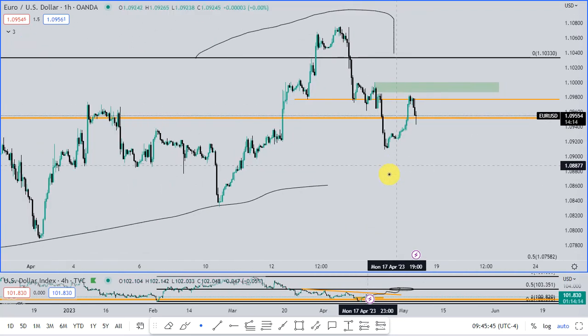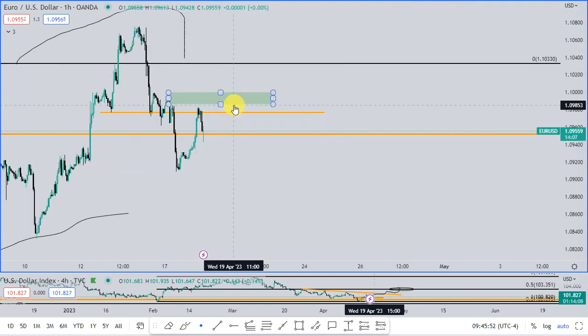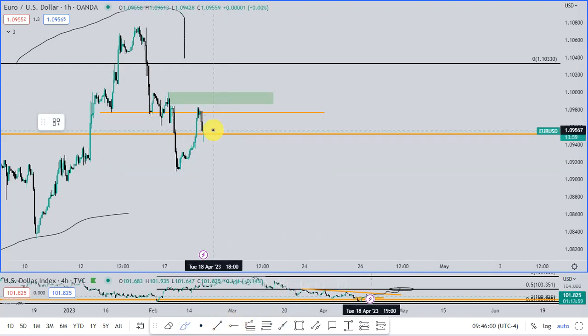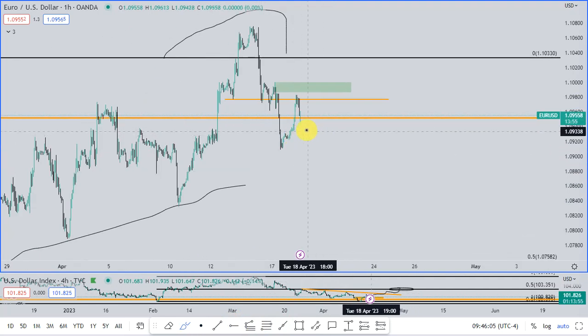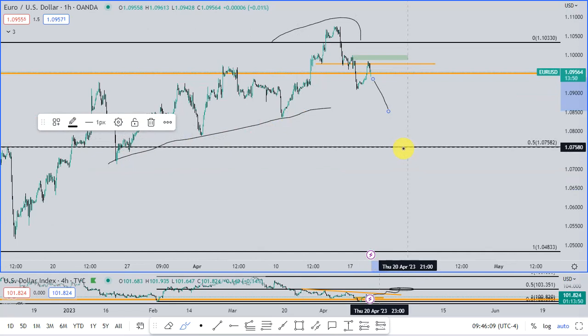So there's a probability that maybe euro dollar comes once more higher. Why? Because there's inefficiency and liquidity. It might come higher and take them out and then go lower, or it will go lower from here and take this liquidity and this level.